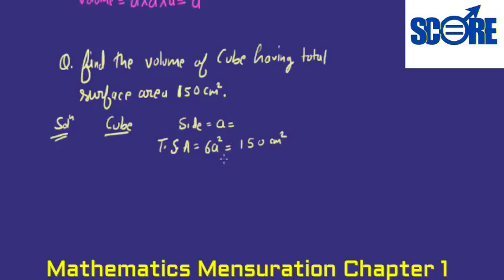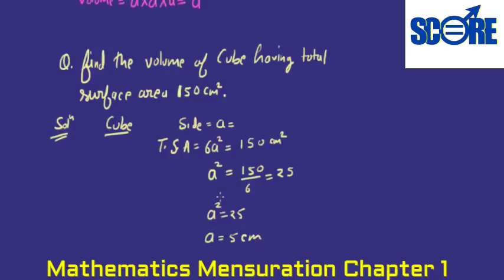Now solving this equation, we get a square equals 150 divided by 6, that is equal to 25. So as a square equals 25, the value of a is 5, or we can say the side of the cube is 5 centimeter.